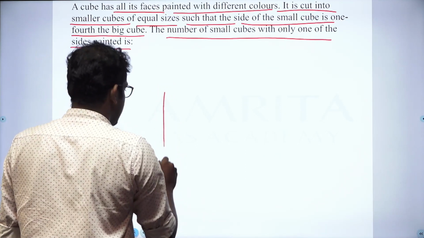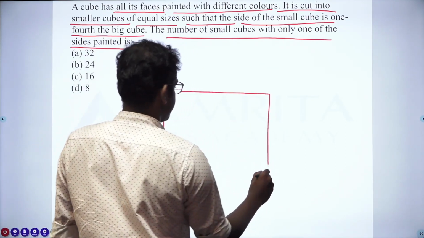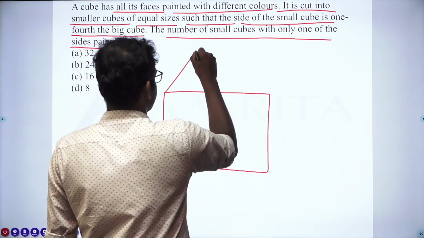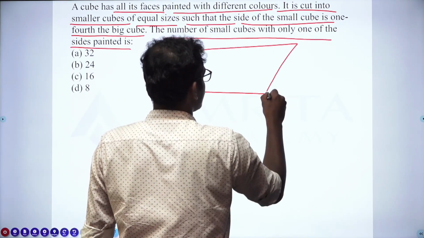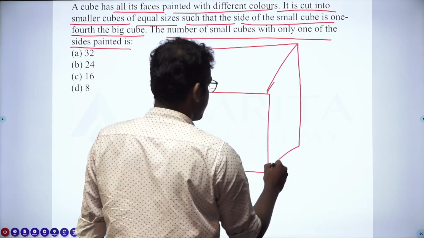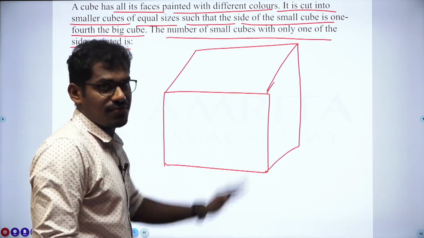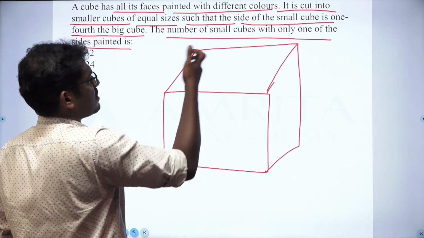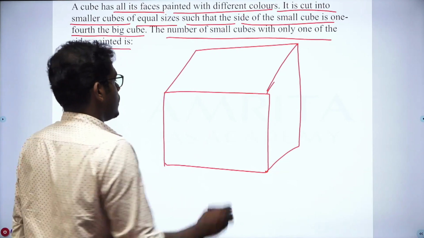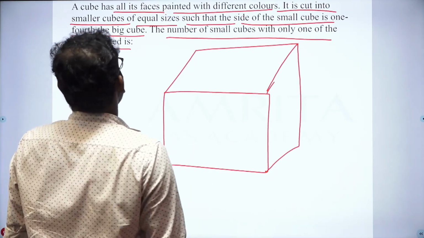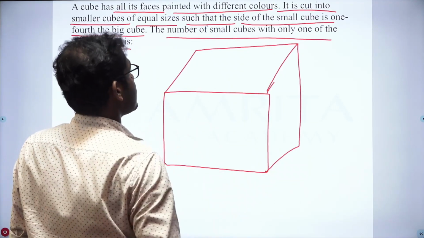See, let me draw the cube first. It is a question similar to the last question. That is why I am doing this question just after the previous question. Actually, this is a question asked in the year 2019. So this is a large cube and all its faces are painted with different colors.